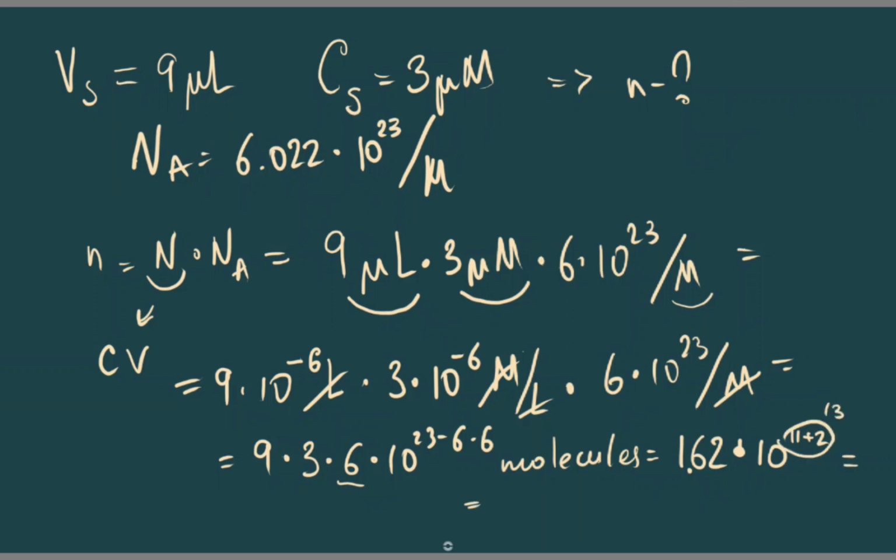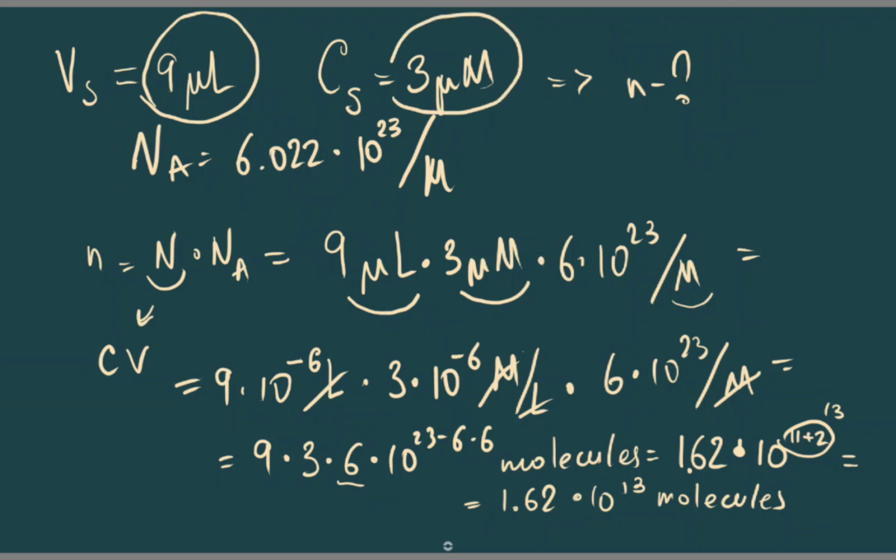So we found that 162 times 10 to the power of 11 molecules, which is 1.62 times 10 to the power of 13, will be in our 9 microliters of 3 micromolar concentrated master mix. So the final answer is 1.62 times 10 to the power of 13.